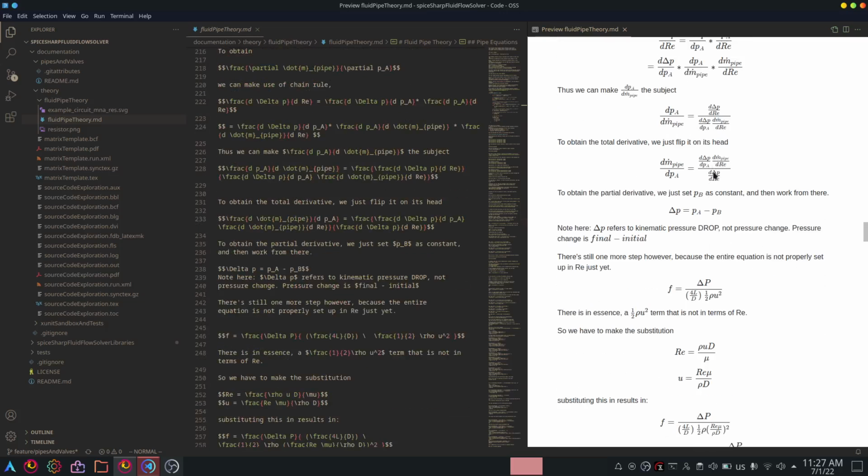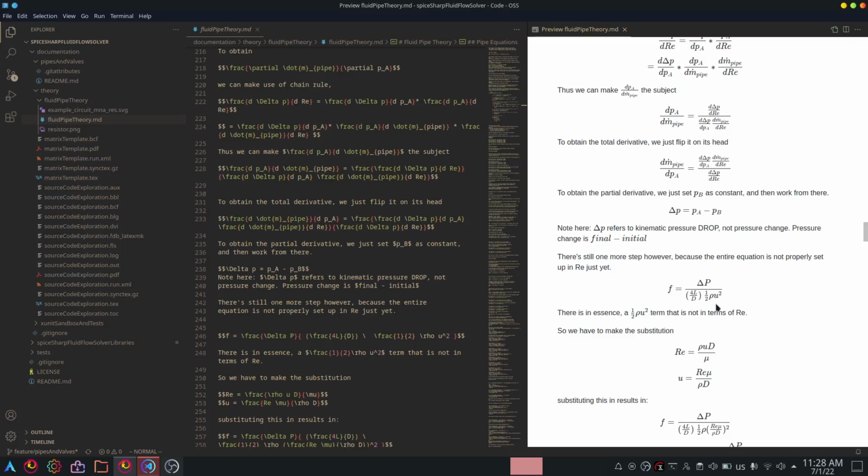One of them is the d delta P/dPA. Delta P equals PA minus PB, and this refers to pressure drop, not pressure change. Pressure change is final minus initial.